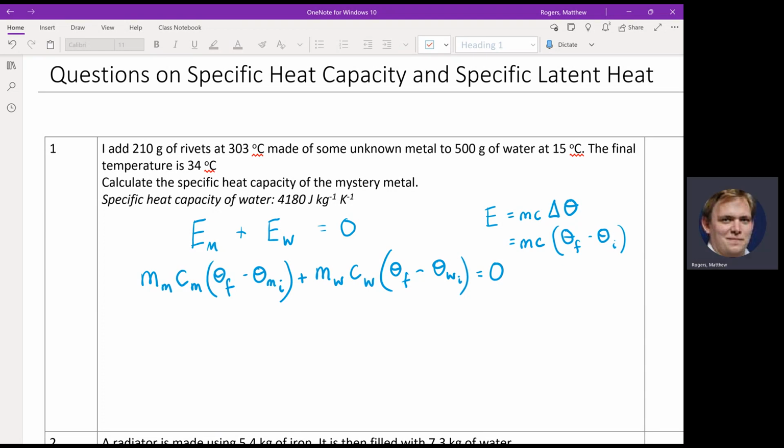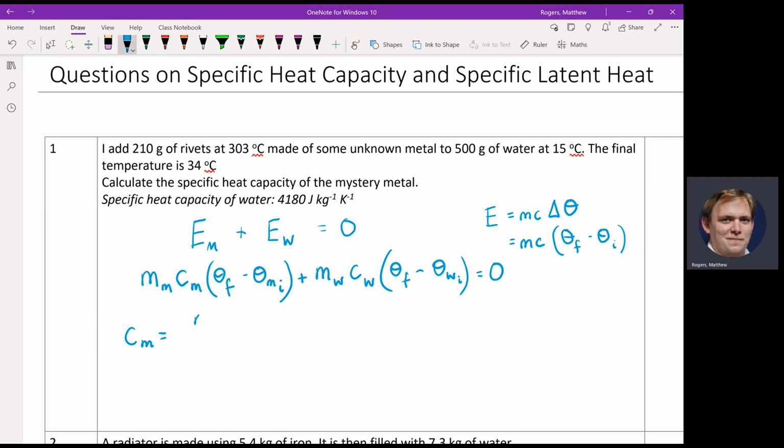We're trying to find the specific heat capacity of the metal. So in order to find that, we'd say the specific heat capacity of the metal is, first I need to move this. As I move this term to the other side, I could make the whole thing negative, but instead I'm just going to swap around the two inside the bracket. If it was theta F minus theta Wi, then if I write it as theta Wi minus theta F, that's the same as putting a negative sign before the front.